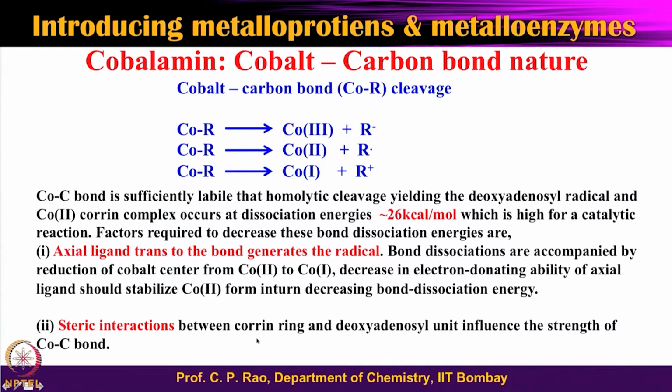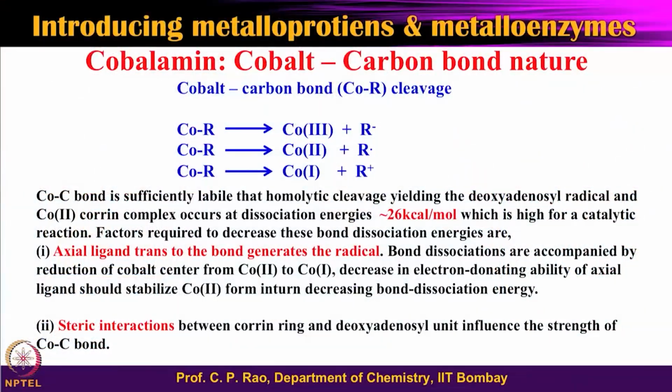Whatever you have in the 6th coordination, its steric bulkiness, its interaction with the enzyme, and how the conformational changes influence the bond, all these will decide the breakage. So, essentially whether it will break as cobalt 3 R minus, cobalt 2 R dot, cobalt 1 R plus. These are the kinds of things.